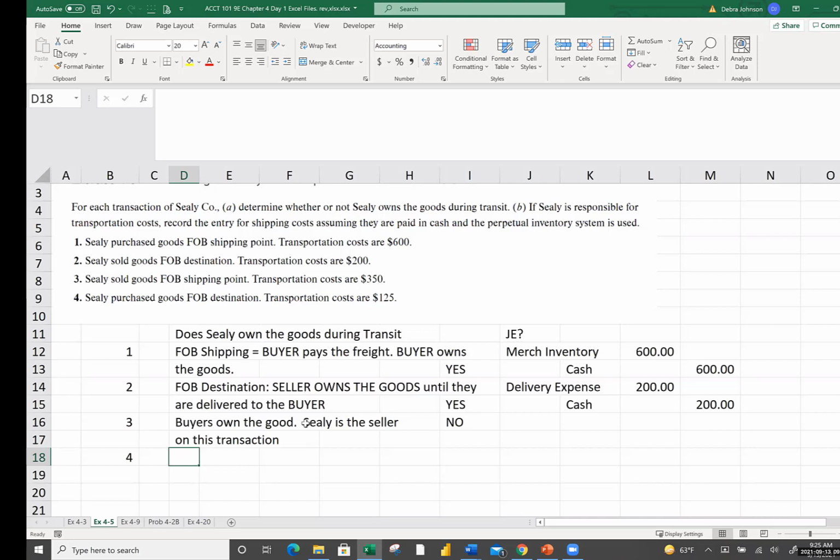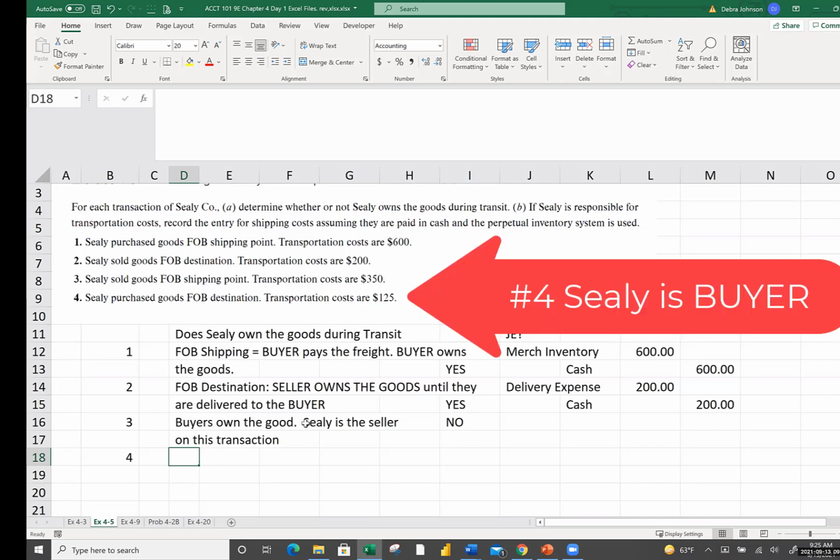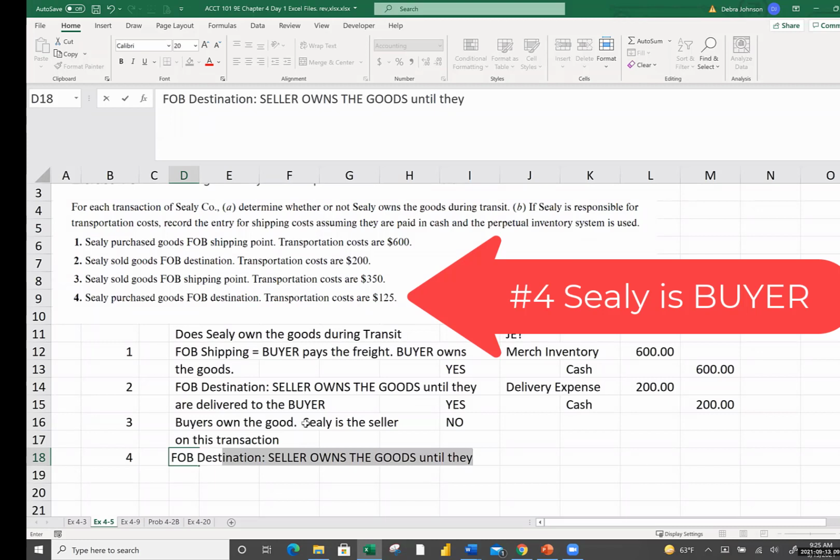Okay, now last one, unless you guys have a question on 3. Sealy purchased, okay, stop. Now we're the buyer. Now Sealy is buying goods. Sealy purchased goods, FOB destination. Okay, FOB destination, remember, means seller pays the freight. So I'm going to write that in again. FOB destination means seller pays the freight.